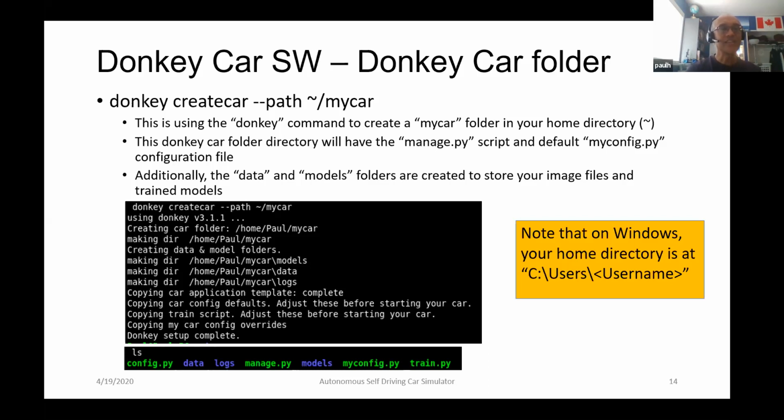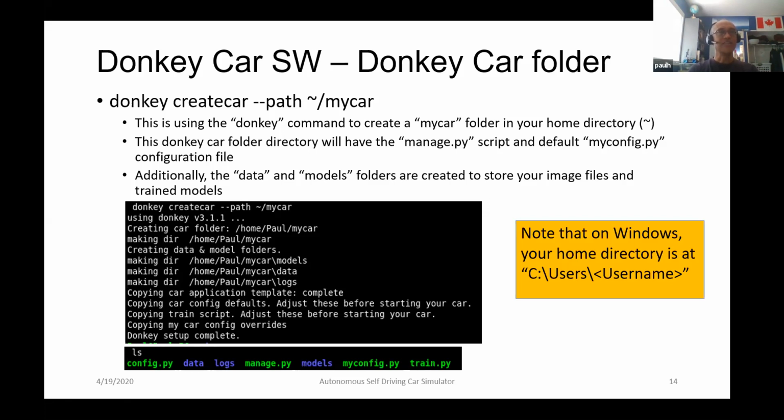And inside that folder, you'll have the manage.py script, and you'll also have the default myconfig.py configuration file. So those default scripts and the default configuration file, you need to go in there and play with it to configure it to what you have.